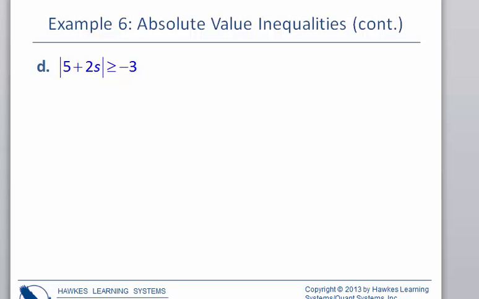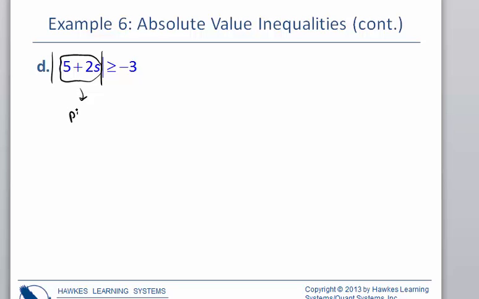Okay, our last part, 5 plus 2s in the absolute value is greater than or equal to negative 3. Now again, we want to be careful here. We want to think about this. For what s values is this going to be true? I'm going to argue that it's true for all of them because when I plug an s value into this problem and then I take the absolute value of it, remember that it doesn't really even matter what is here.